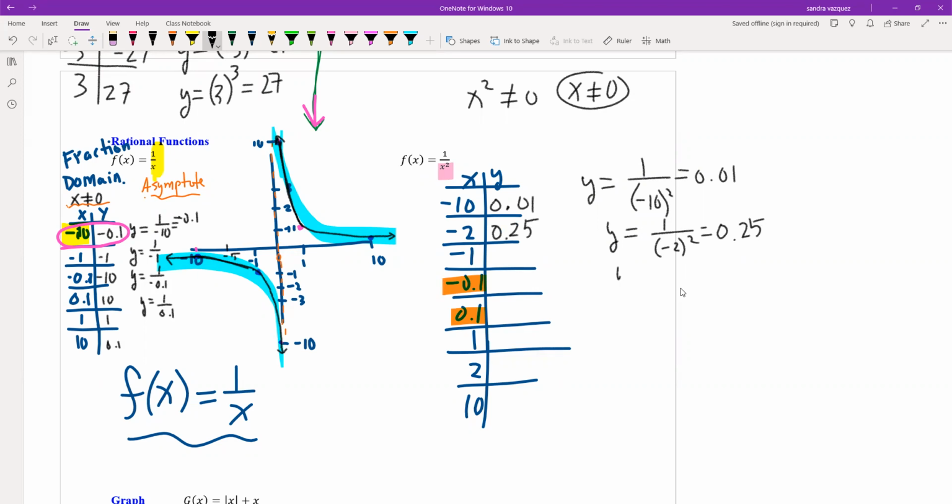Okay, then plug in the negative 1, and this will be 1 over negative 1 squared. And so then that will be a 1. Plug in the negative 0.1, and so then y is equal to 1 over negative 0.1 squared. So then that will be equal to 100.